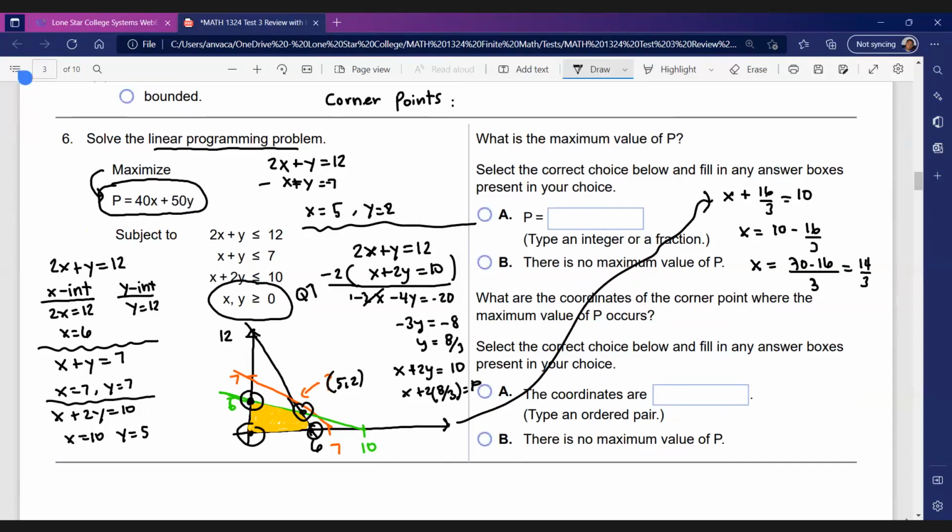And those corner points will be 0, 0, which I am pretty sure will not maximize the objective function P. We also have 0, 5. We also have 6, comma 0. And we also have now what we know to be 14 over 3, comma 8 over 3.